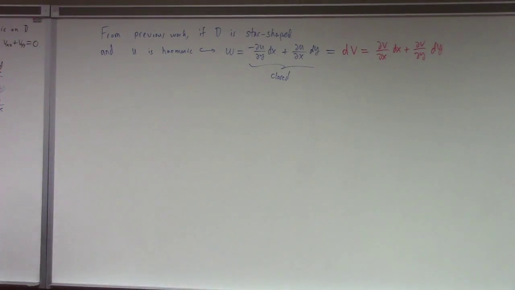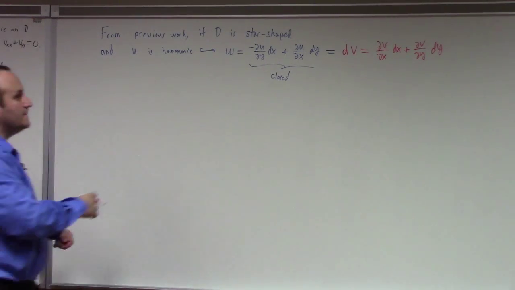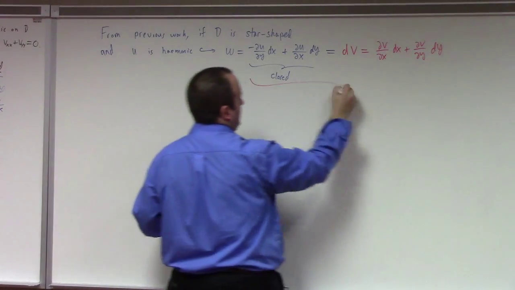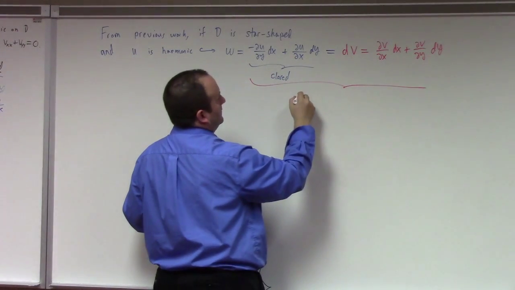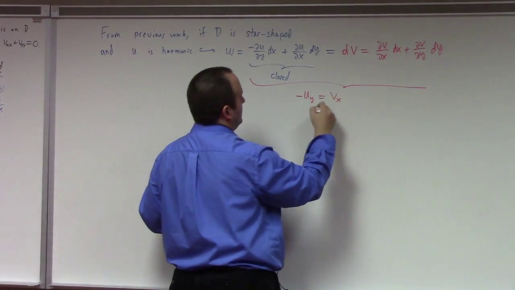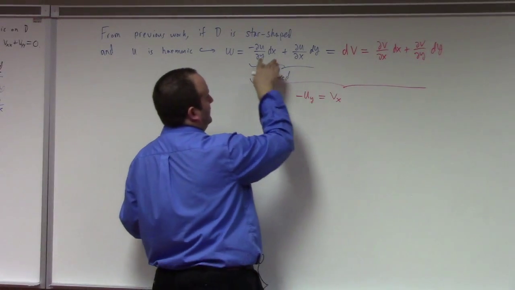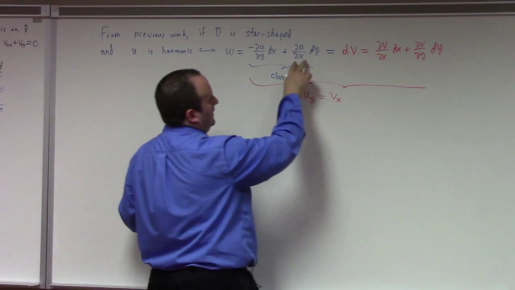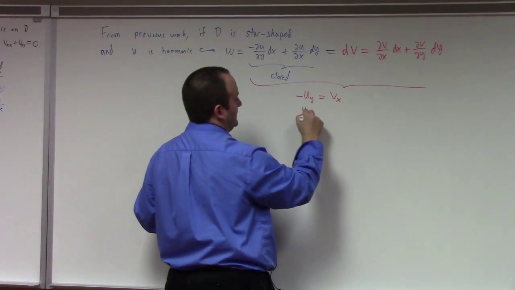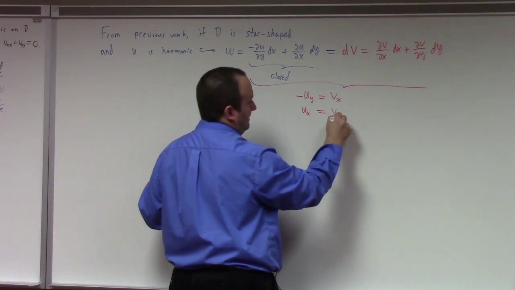So what does that tell us about the relation between the potential function v and the given harmonic function u? So you look at this, and what do we get? Minus uy is equal to vx, from equating the x coefficients, right? And then from equating the dy coefficients, we get ux is equal to vy.